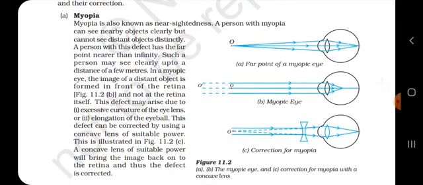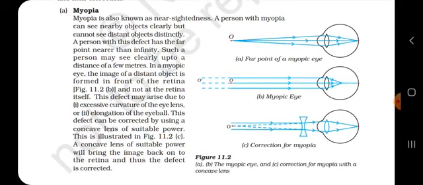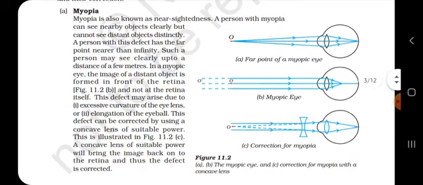Myopia is also known as nearsightedness. Please note this point, students. A person with myopia can see nearby objects clearly but cannot see distant objects clearly, and thus it is known as myopia.